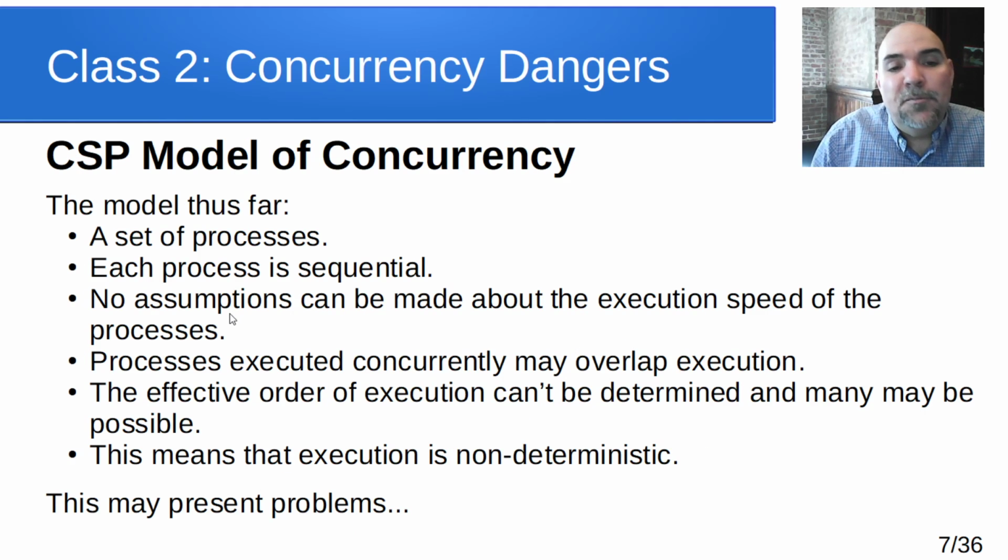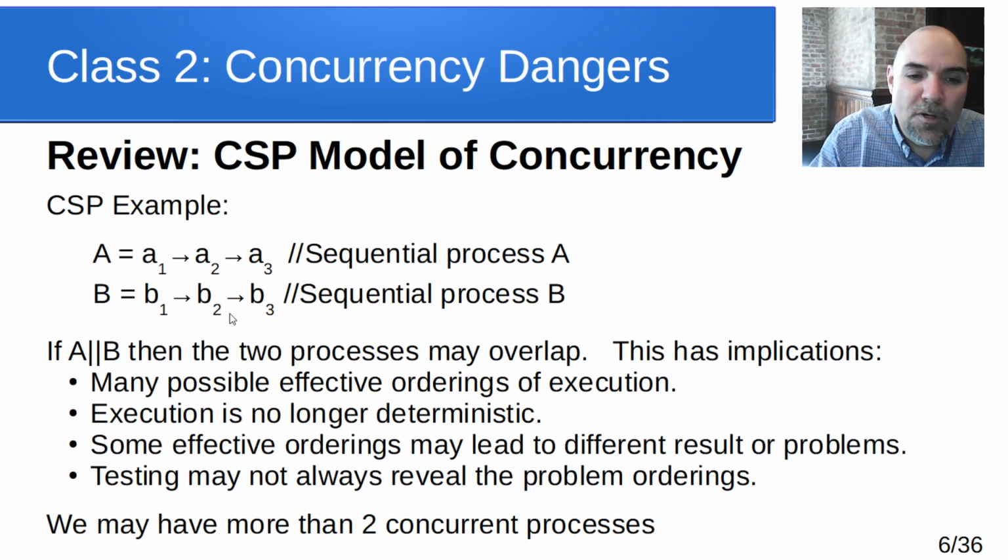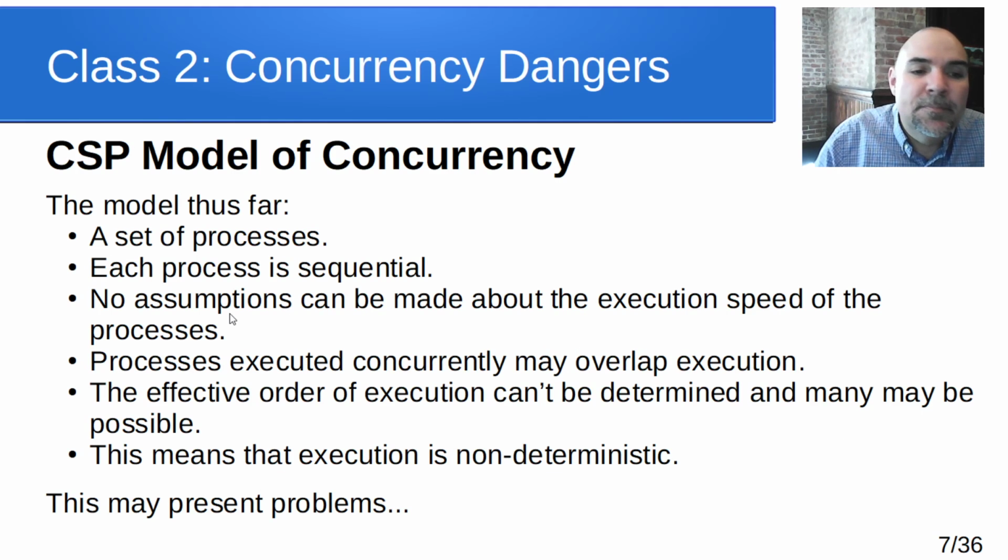All right, so the CSP model of concurrency, that model thus far looks like this. We have a set of processes, has to be 2 or more to be concurrent. You can't have one process be concurrent with itself. So we have a set of processes. Each process itself is sequential. No assumption is made about the execution speed of the processes or the timing of their execution.